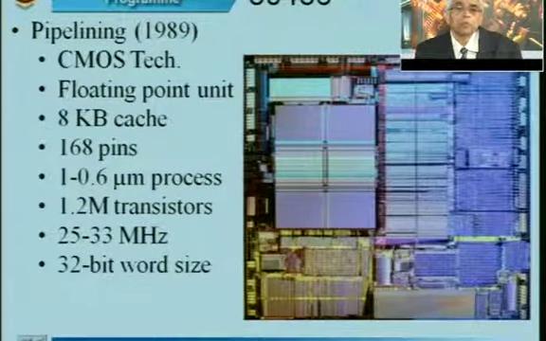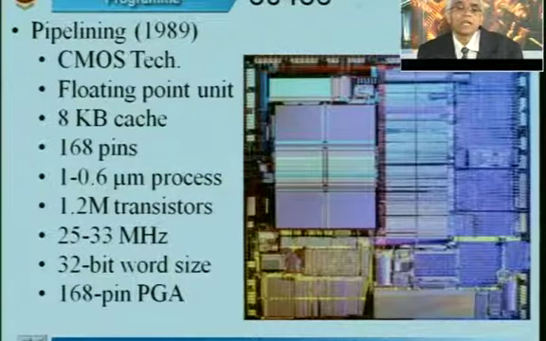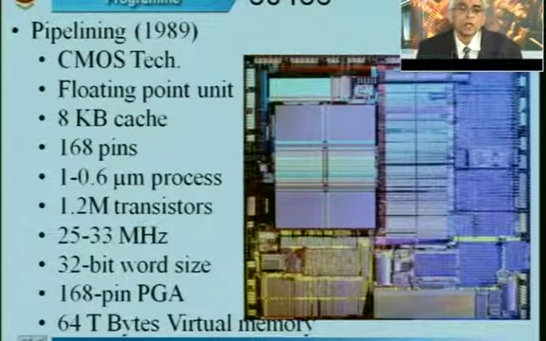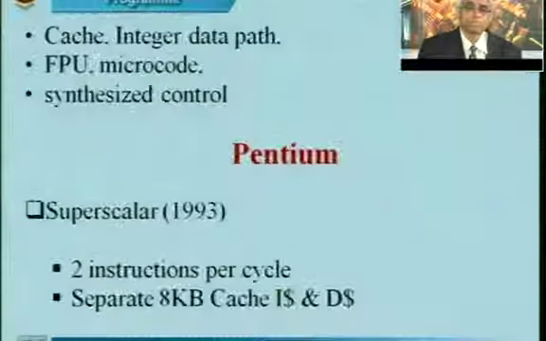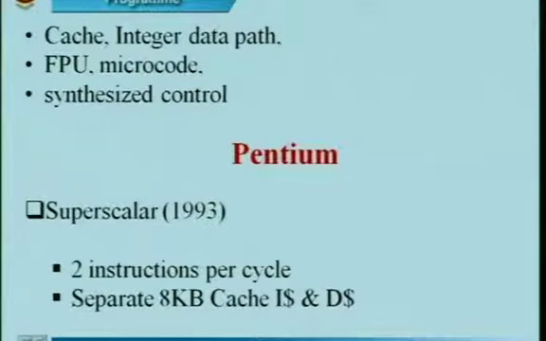It has 32-bit word size and is housed in a 168 pin PGA. It has a virtual memory of 64 terabytes. So, it has a cache, integer data paths, floating point unit, microcode is used to make it work, and has synchronized control.